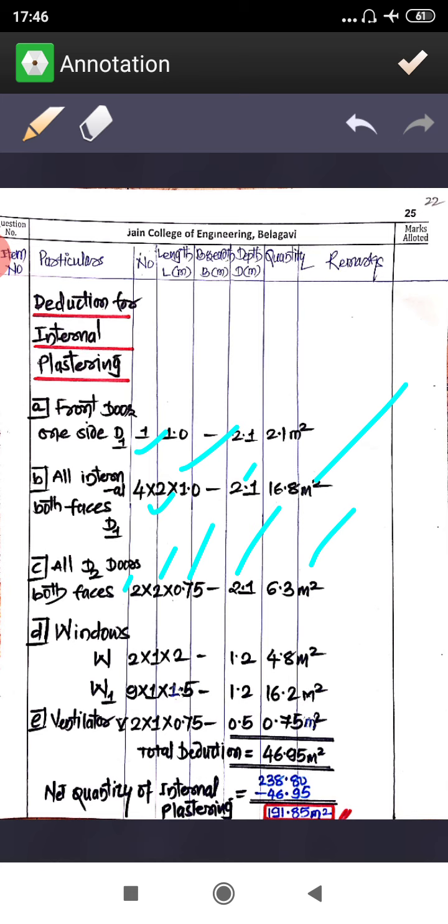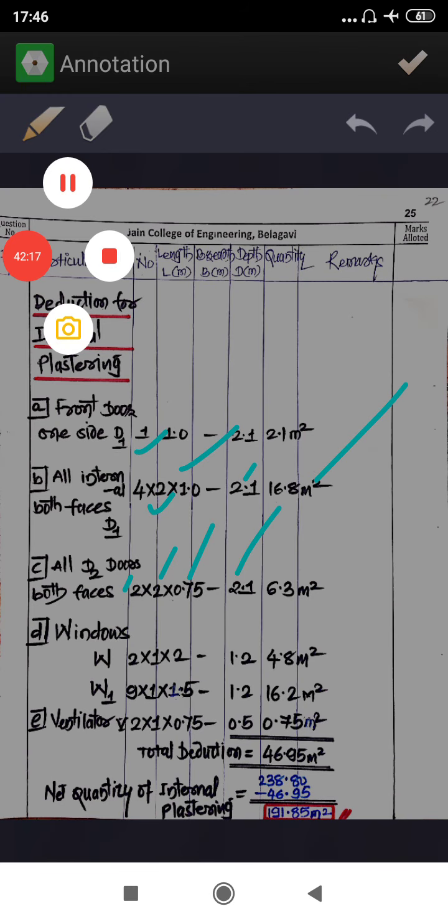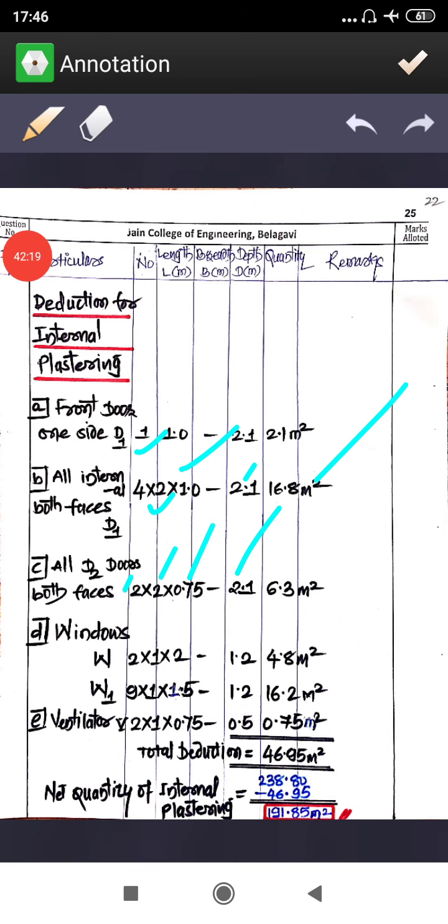Similarly for windows also, you are supposed to take one side and multiply the number and size, so you'll get the deduction for windows. Similarly for ventilator also you have to go for the deductions. So total deduction here is 46.95 meter square. So altogether 238.80 minus 46.95, it is 191.85 meter square.